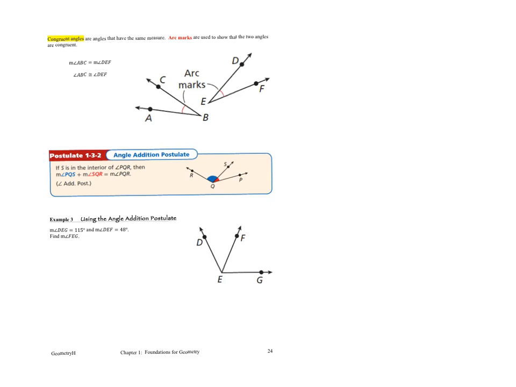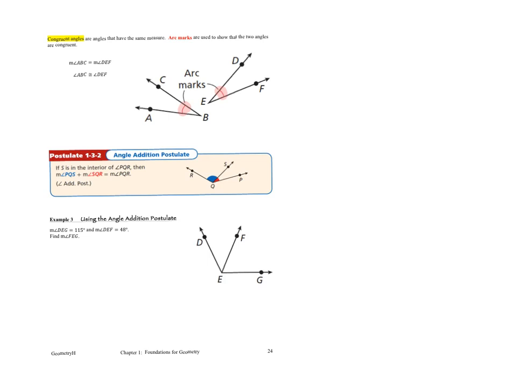Okay, congruent angles up top here. Congruent angles are angles that have the same measure. The word congruent we've already learned meant same, right? Arc marks are used to show that the two angles are congruent. So before, when we had segments, we used tick marks, but now we're using arc marks, which look like this, those red marks there, okay?